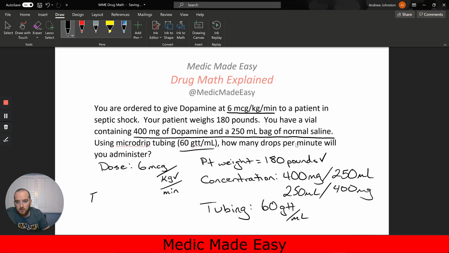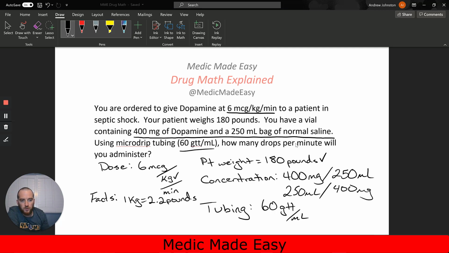And so one of the facts that we're going to need is how to convert pounds to kilograms. So the fact for us is 1 kilogram equals 2.2 pounds. That's the conversion there.